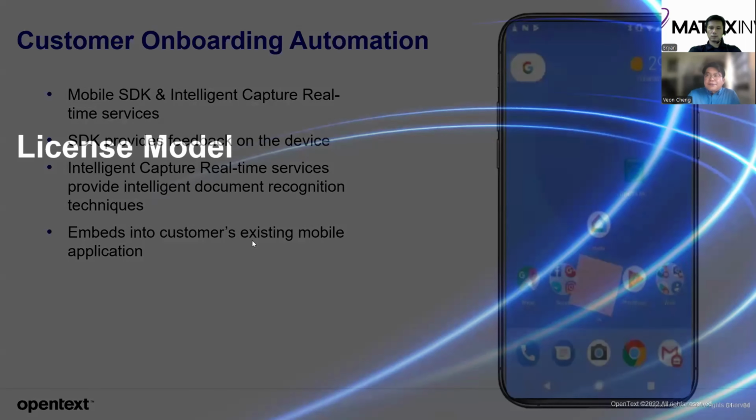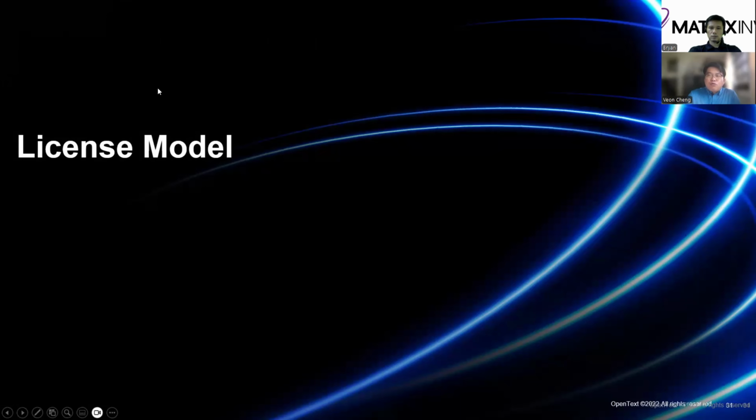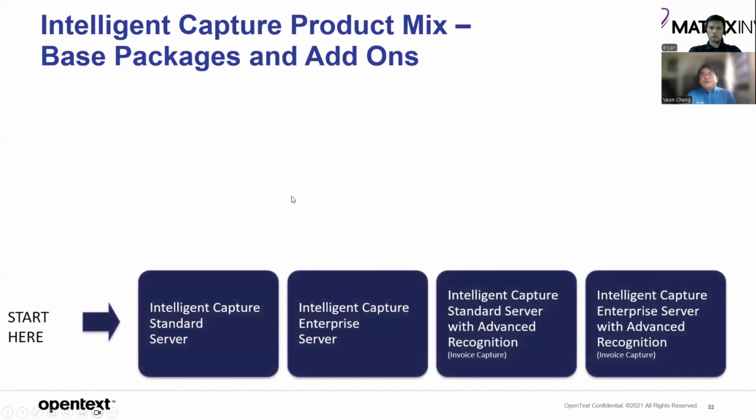All right, so let me quickly go through our license module for our capture solutions. Right now we provide two kinds of flavor, which is the standard and the enterprise server. Both come with the advanced recognition and the basic.